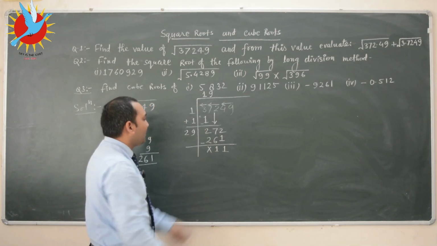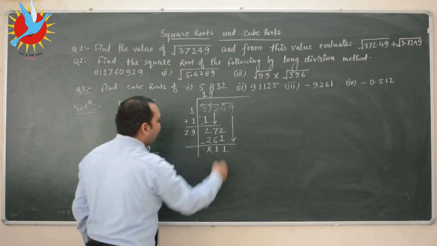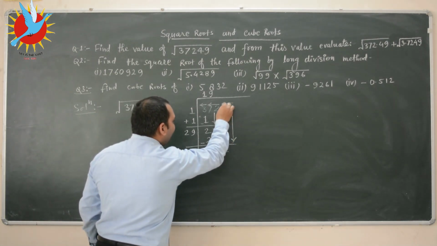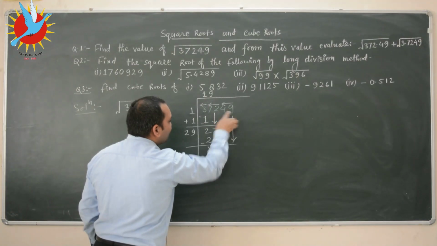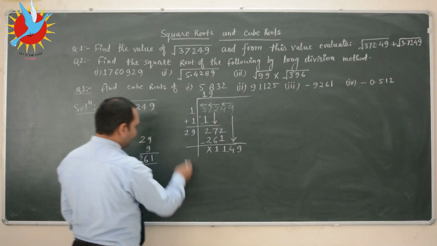So we get 11, and once again we bring down the next pair, 49. So 1149.